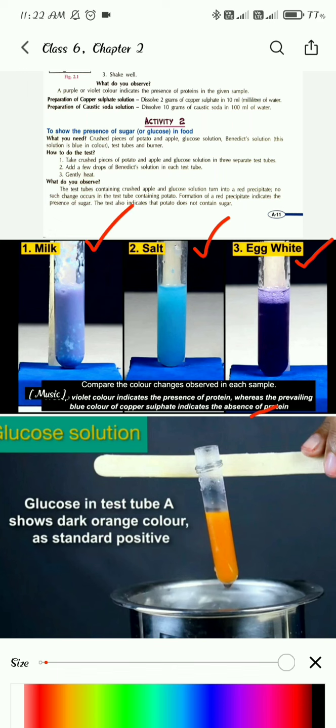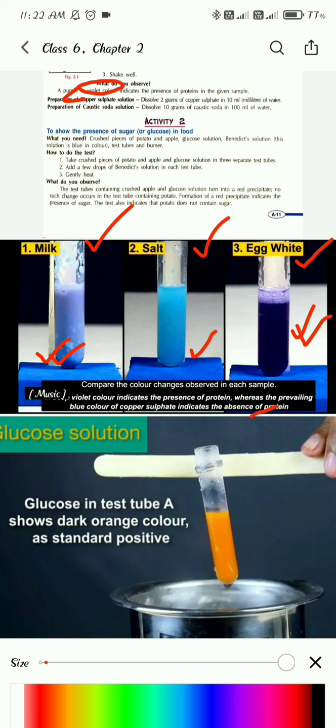When you conduct the experiments with milk, salt and egg white, the observation they have given is purple or violet. Here you can see that the color has become dark violet. The color is a little bit light in the milk, and in salt it's blue.